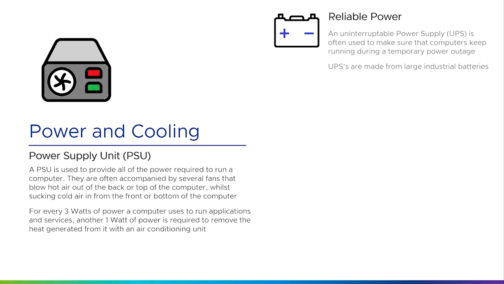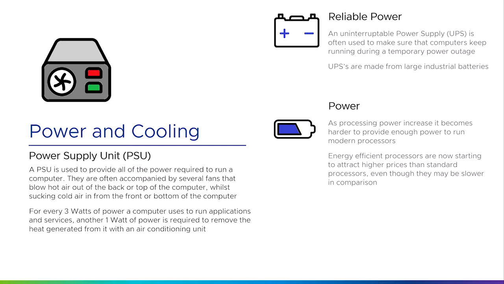Essentially a UPS is a large industrial battery, or a set of large industrial batteries, in between the electrical power supply and the server, and their job is to keep the computer running for long enough that all the applications and services can be shut down cleanly. It's common for UPSs to only last for maybe 15 to 30 minutes. It's not expected to keep the whole computer environment running indefinitely. It's just long enough to shut things down cleanly so we don't lose any information.